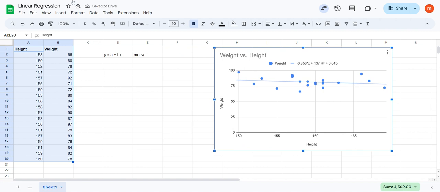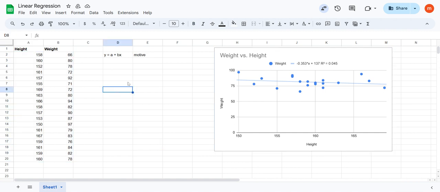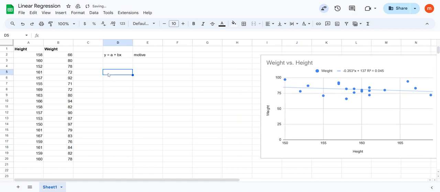The next option of doing it is using a function, and that function is called the LINEST function. So what I'm going to do is move this chart to the right hand side so I have space for this. I'm going to type LINEST.